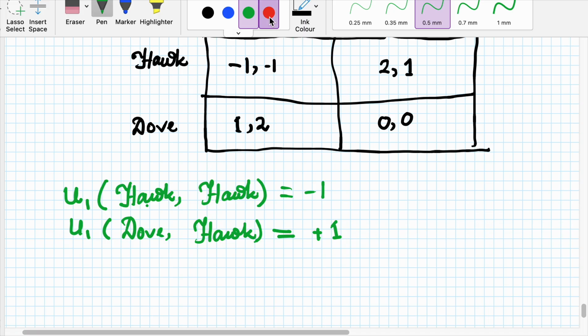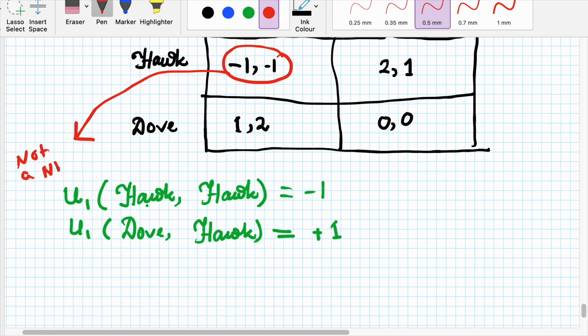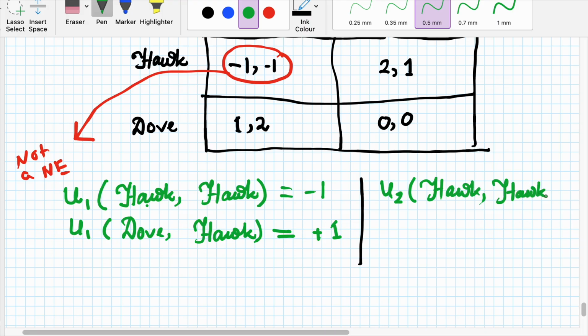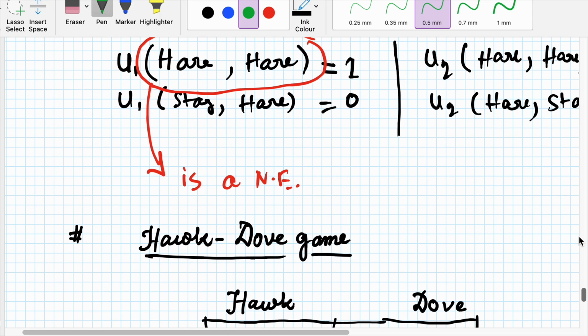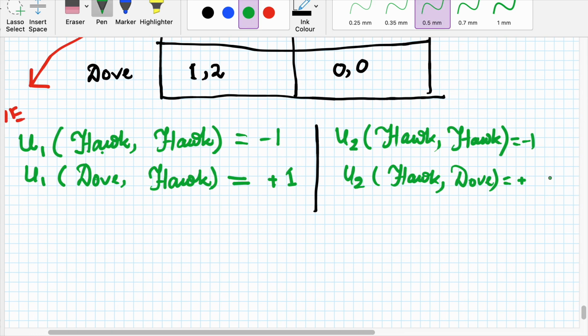So this strategy is not a Nash equilibrium, since there is an incentive for player 1 to deviate unilaterally. Similarly, if you see for player 2, in the hawk strategy player 2 also gets -1, and if player 2 changes from hawk to dove, it will also get a payoff of +1.